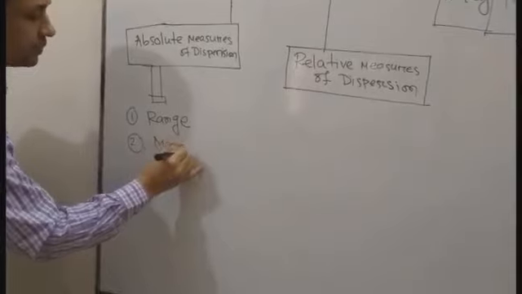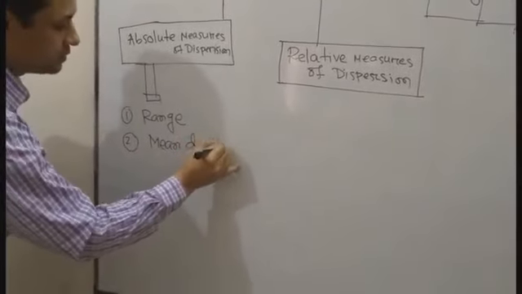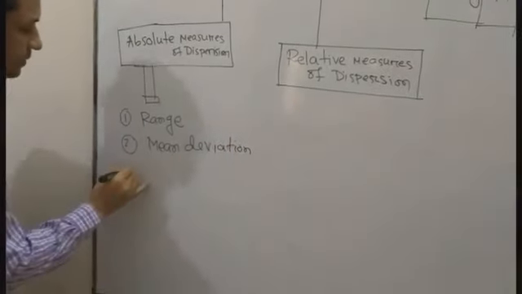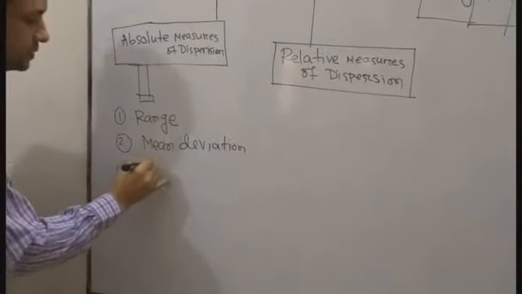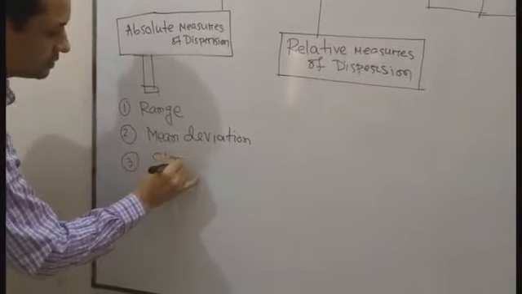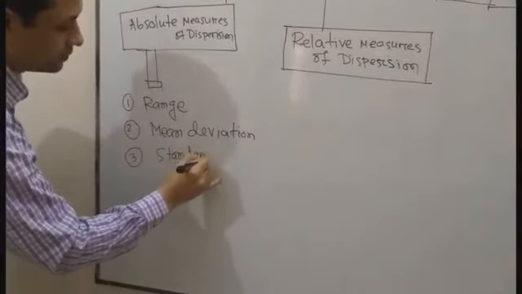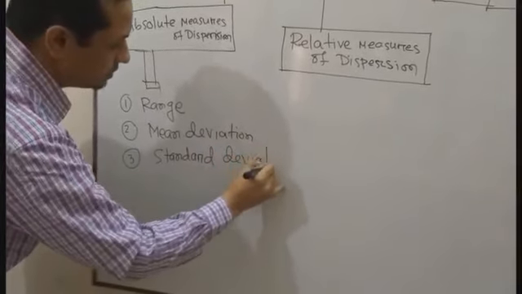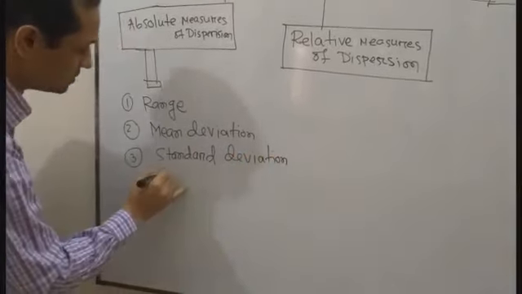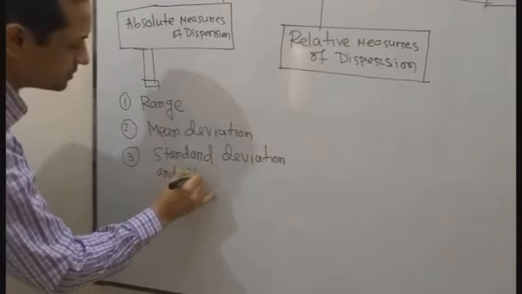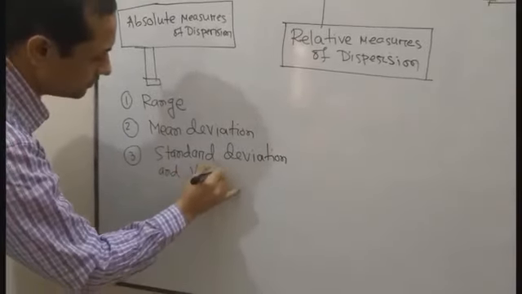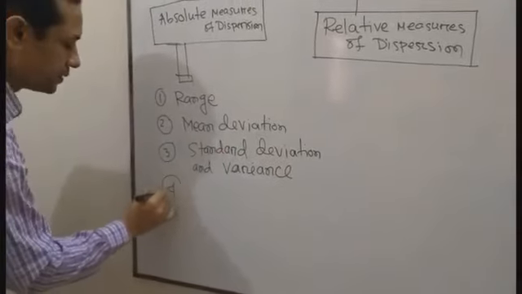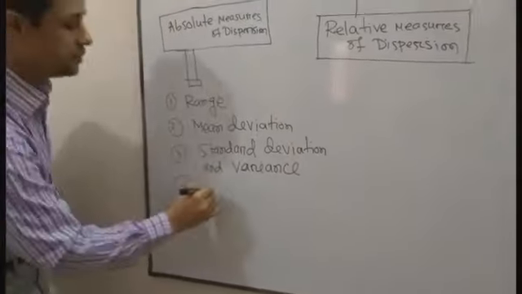Number three, standard deviation and variance. Number four, quartile deviation.